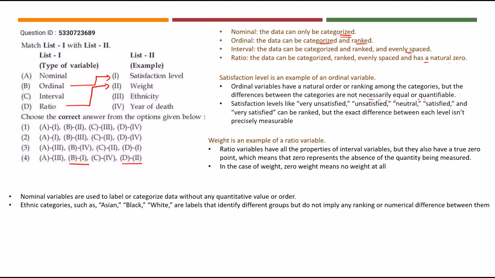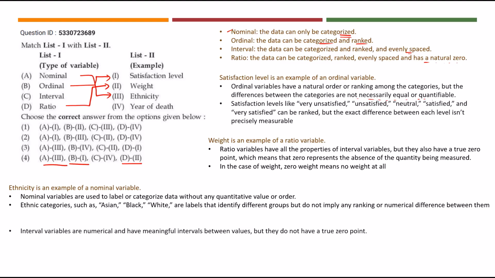So whenever you talk about ethnicity, it's about people sharing some kind of common cultural aspect, we can say. Anything that is common between them. They are actually labels that identify different groups, but doesn't mean they are given some ranks. They are just different categories. So just see the explanation of nominal. The data can only be categorized. So definitely ethnicity is an example of nominal variable. A will be mapping to 3.